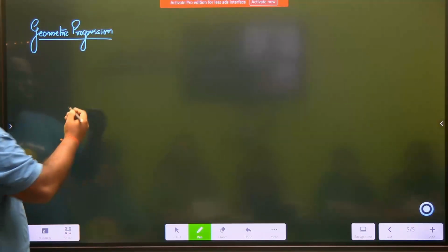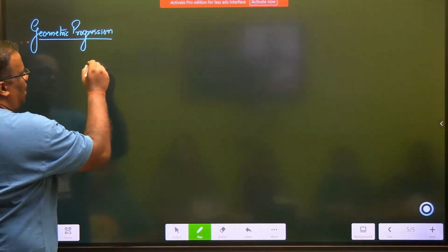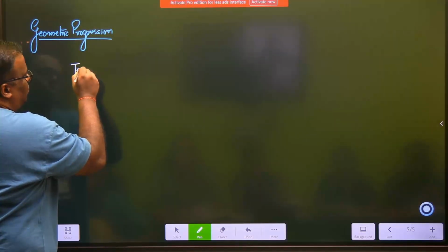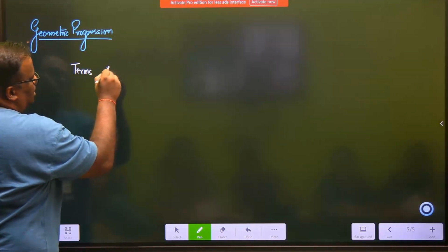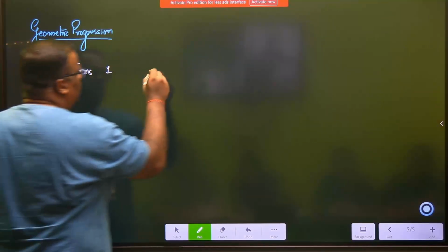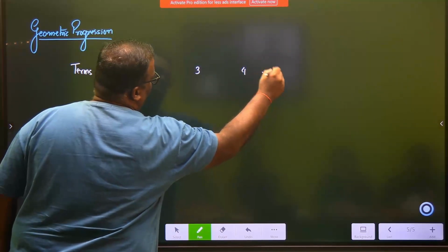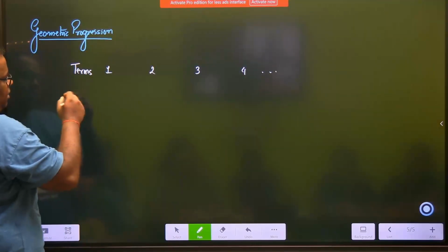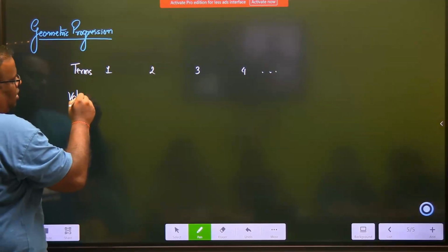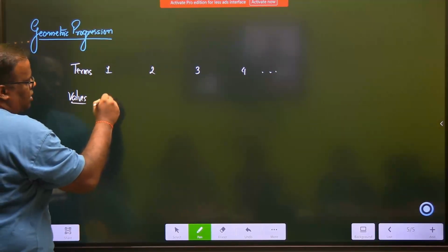Okay. A geometric progression, what happens, I'm writing the terms here first. So this is, say, the first term, the second term, third term, fourth term, and so on. And let us say the values of the terms. Say your first term is a.